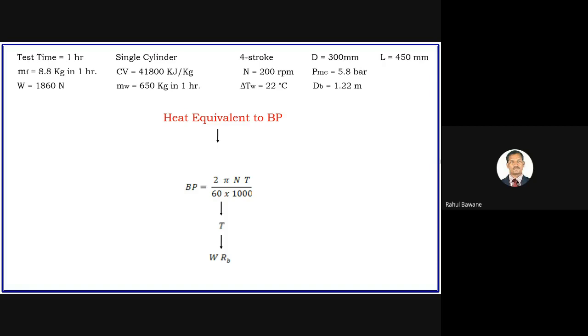So 1.22 meter is the diameter, so we will make it half. It will be the radius of the brake drum. The product of W into RB, that is brake drum radius, will give the value of torque. Once we have the value of torque, it is very easy to calculate brake power. And brake power value comes to 23.76 kilowatt.